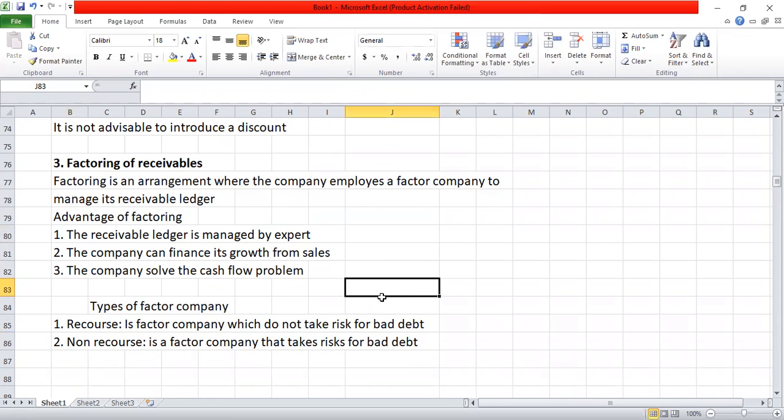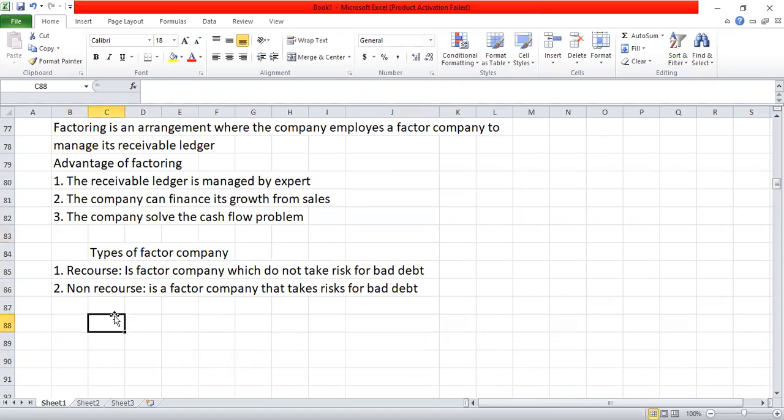Now, when you are evaluating a factor company, still what is important is to compare the benefit associated with the factor company and compare the costs associated with the factor company.